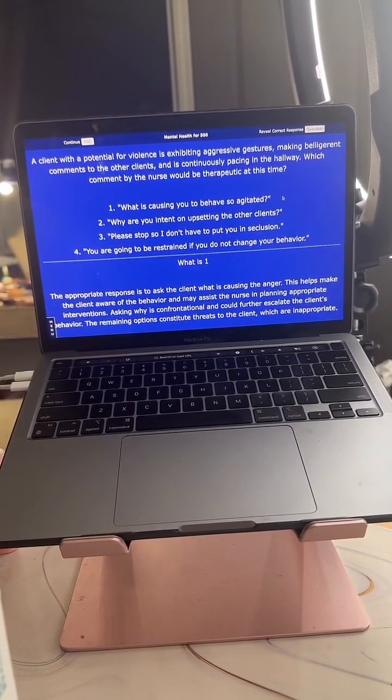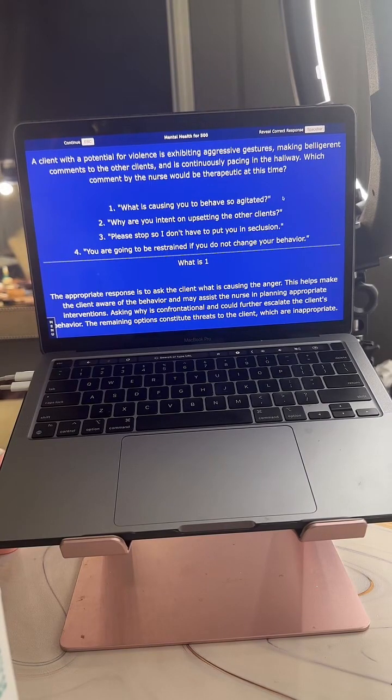The appropriate response is to ask the client what is causing the anger. What is causing you to behave so agitated? It makes the client aware of the behavior and may assist the nurse in planning appropriate interventions. Asking why is confrontational and could further escalate the client's behavior. The remaining options constitute threats to the client, which are inappropriate.